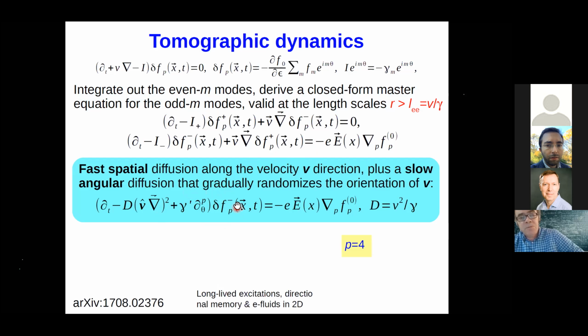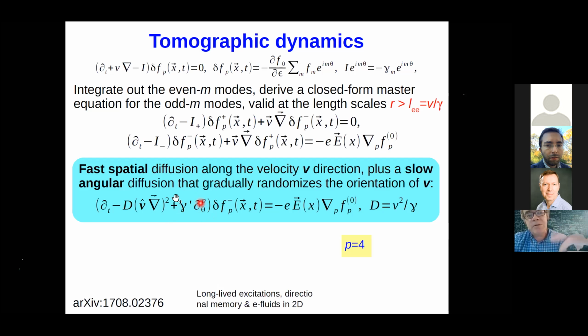that for the odd parity distribution, you get what looks like a one-dimensional diffusion equation, but the diffusion happens along the velocity direction. And the velocity direction is not changing if you look at this part. It's changing very slowly due to relaxation of the odd parity harmonics.